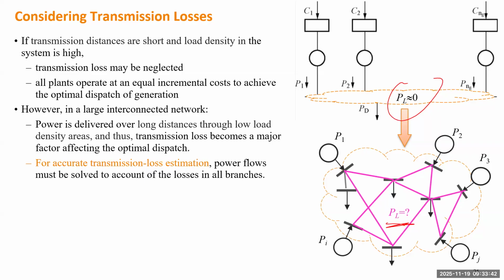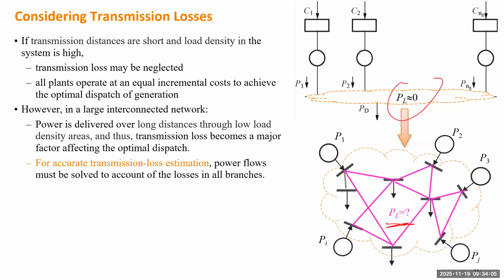If you want to know the accurate transmission loss, the only way is to solve power flow, which is the same as what we did in section 6. When you solve power flow, you calculate the transmission loss of each line, and you add all the losses together, so that will give you the total loss.